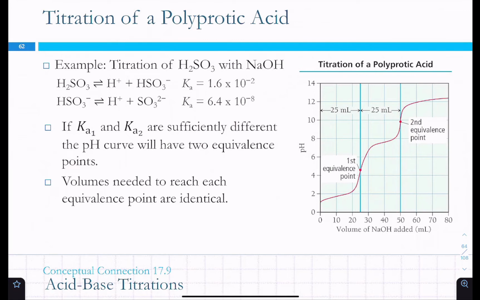So the volume of base from the start of the titration to the first equivalence point is going to be the same as from the first equivalence point to the second equivalence point. You essentially have to remove one proton on all of them before you can remove a second proton on any of them. And then you have to remove all those protons again.